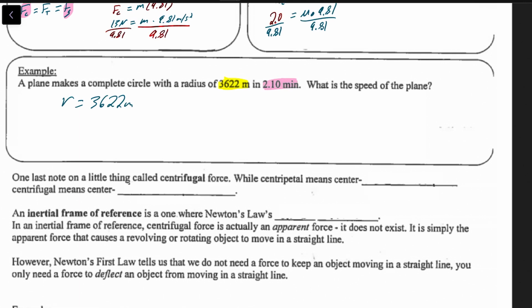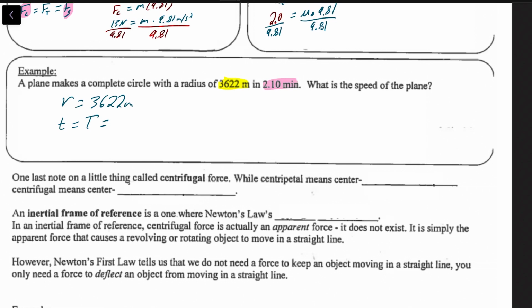That's the time for the complete circle, so the time they give us here is not just regular time, it's period, because that's the time for one full revolution. Now we have to convert our minutes into seconds.